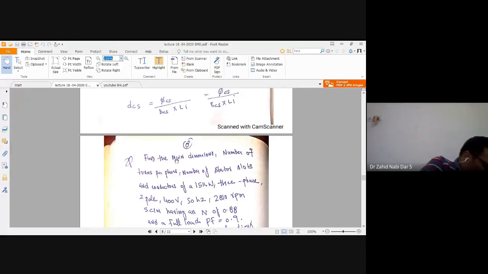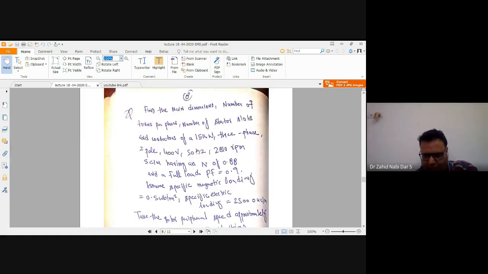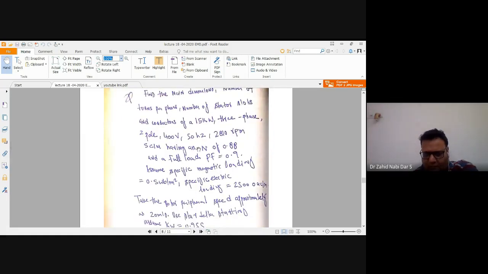So find the main dimensions, number of turns per phase. Here is the problem. You read this problem first.